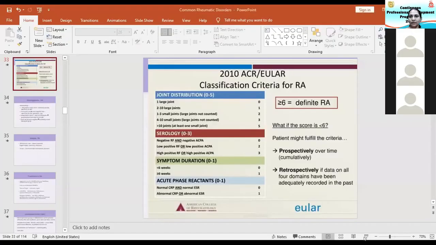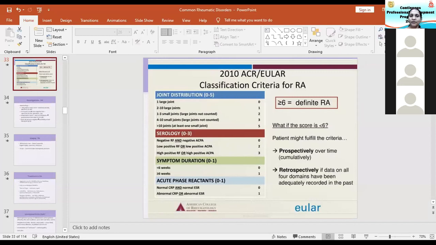Okay, so as I mentioned in the presentation, for the diagnosis of serology we have the marking system, in this low positive, either rheumatoid factor or the anti-CCP antibody.